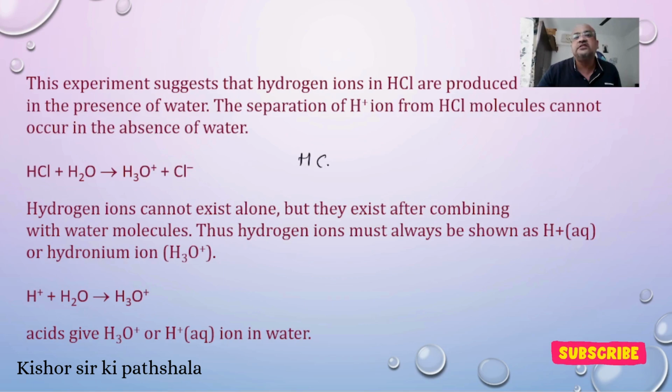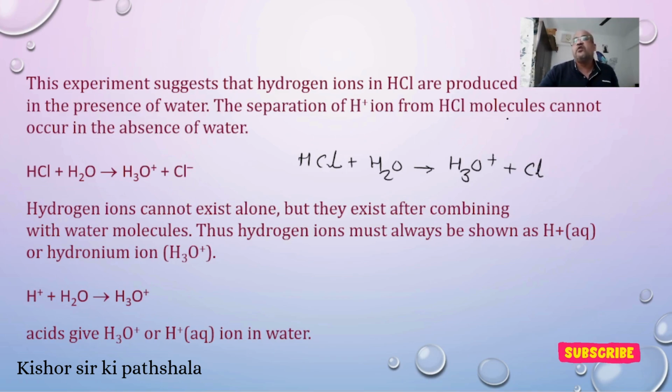Here you see HCl in the presence of water. It gives me the hydronium ion. So this is my hydronium ion. The separation of H plus ion from the HCl molecule cannot occur in the absence of water.